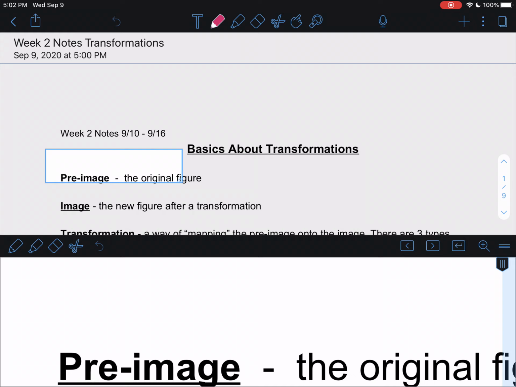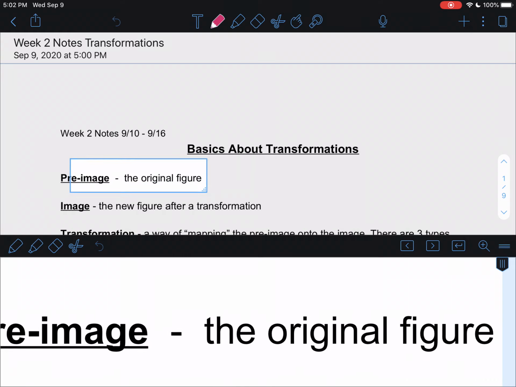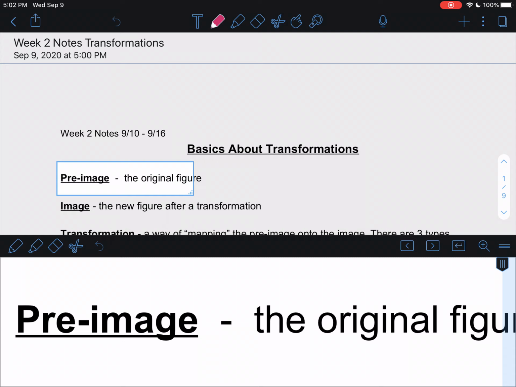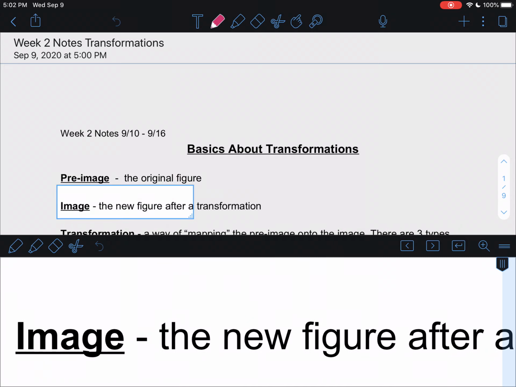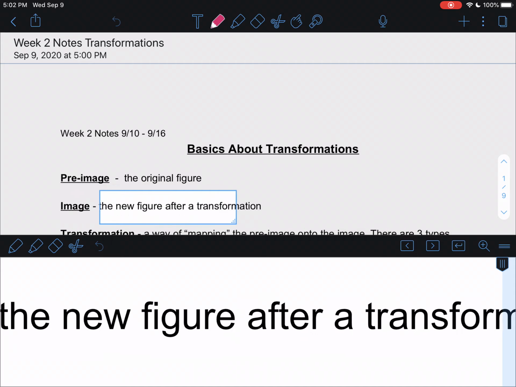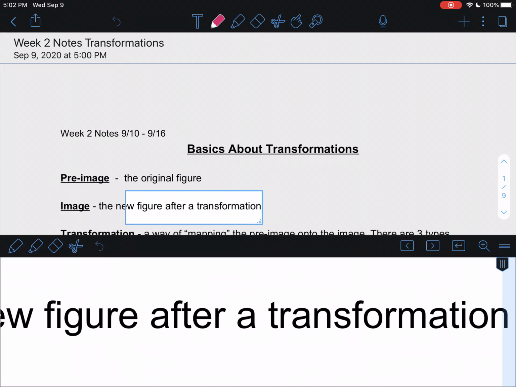So the first vocab word we need to know here is the pre-image. So the pre-image is the original figure, and you'll see what we mean in just a second. So all you need to know for now, pre-image is the original figure. Then we have the image, which is the new figure after a transformation has occurred.